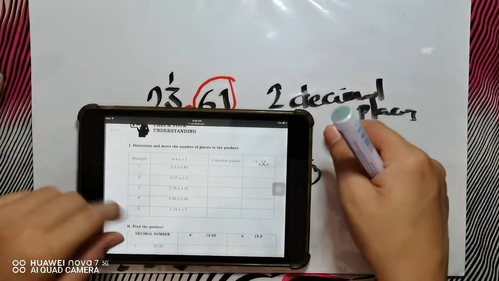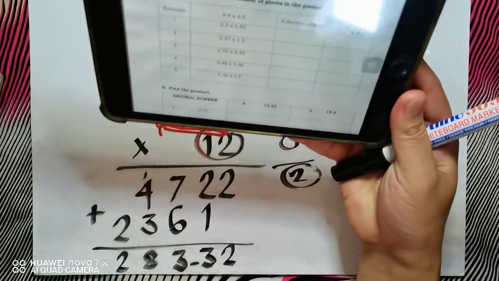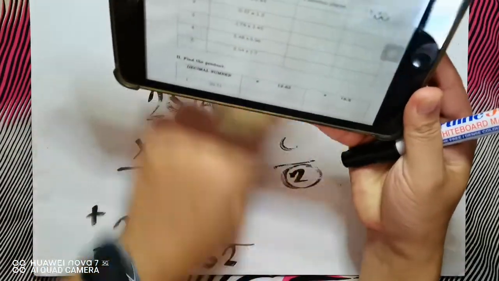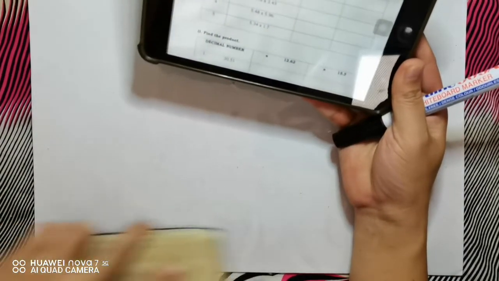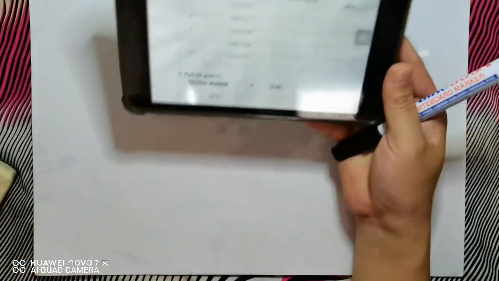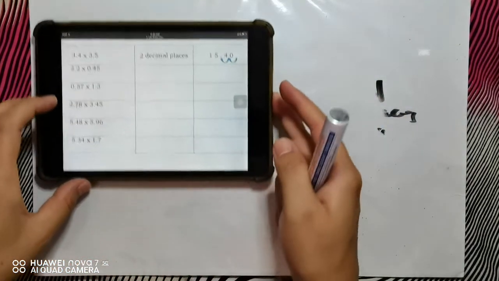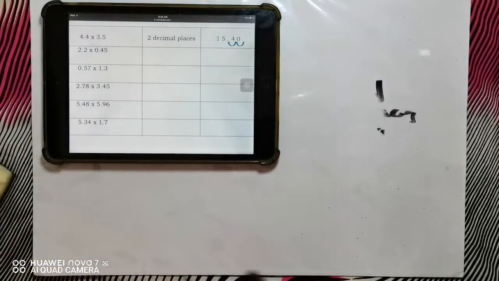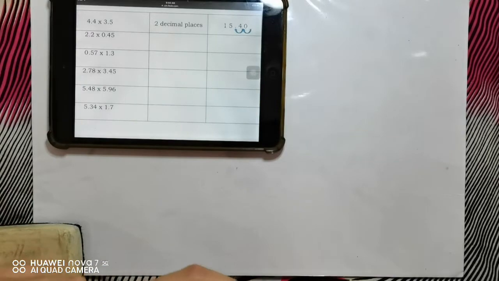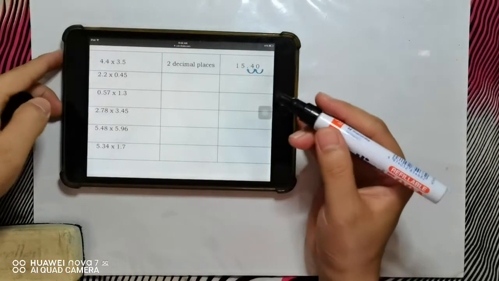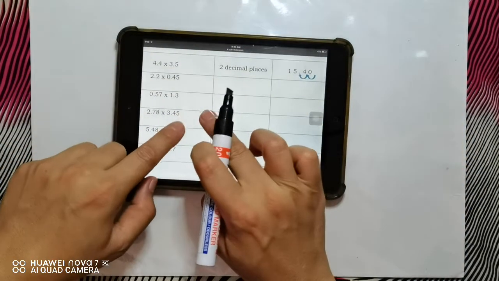Now, punta tayo dito sa check your understanding. So, this time, gamitin naman natin yung sa decimal places. Okay? Para hindi kayo malito. We'll just, without multiplying, let's just try to know the number of the decimal places. Okay? So, yung sa number 1, the given number is... Okay.